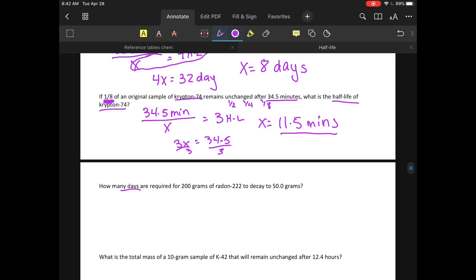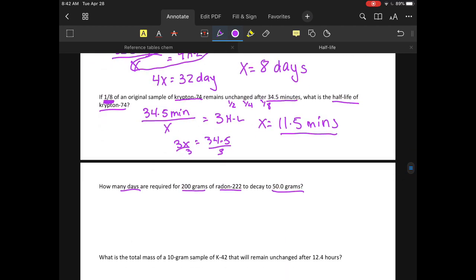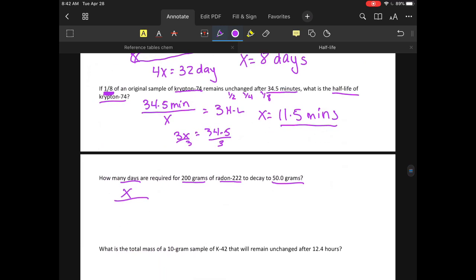How many days are required for 200 grams of radon-222 to decay to 50 grams? Okay, how many days are required? So don't forget, total time over half-life equals number of half-lives that have passed. I want the total time that has passed. And I need the half-life of radon-222.